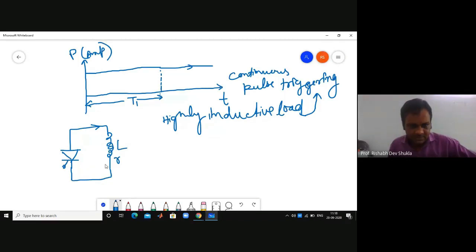So this is the supply voltage, source voltage, VS. This kind of circuitry needs continuous pulse triggering, CPT.